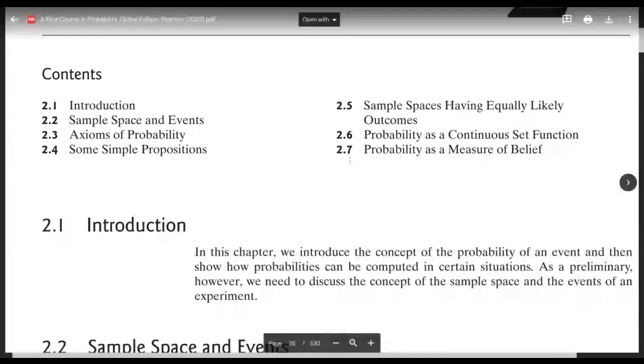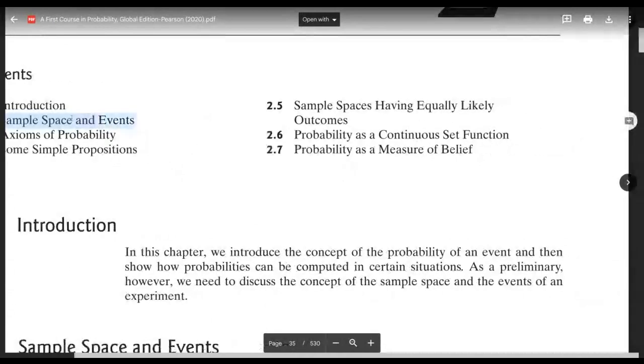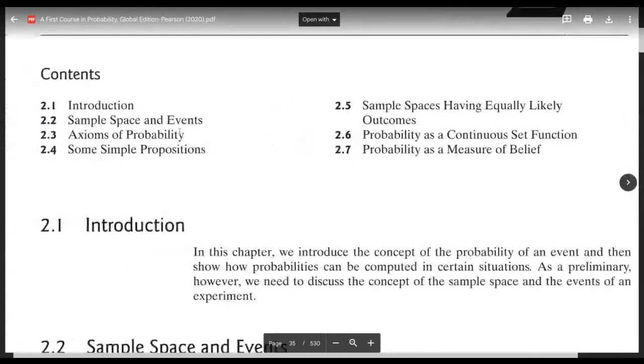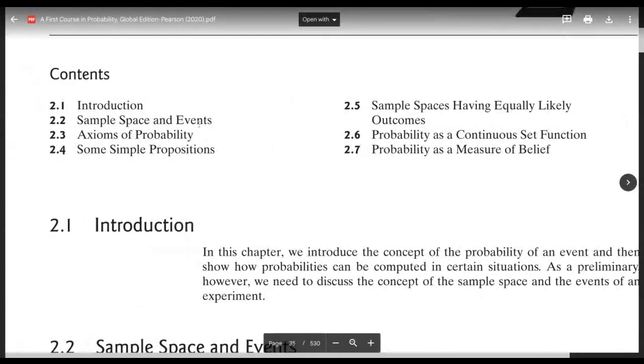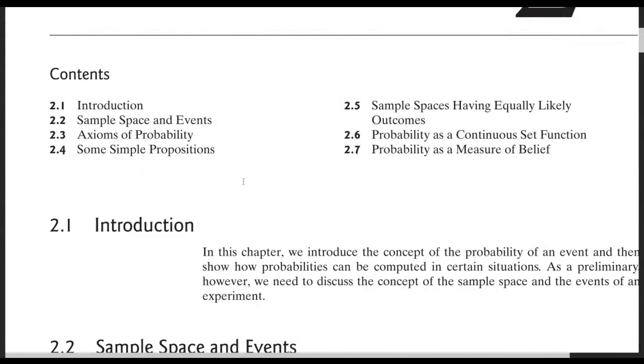We'll cover 7 sections. Introduction, sample space, events, and the axioms of probabilities. Simple propositions, and sample space having equally likely outcomes, a lot of times we'll assume this, that's in section 5.